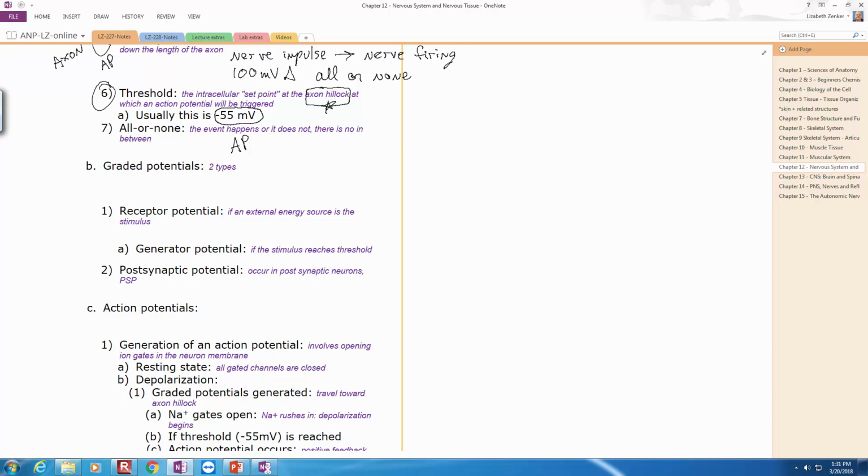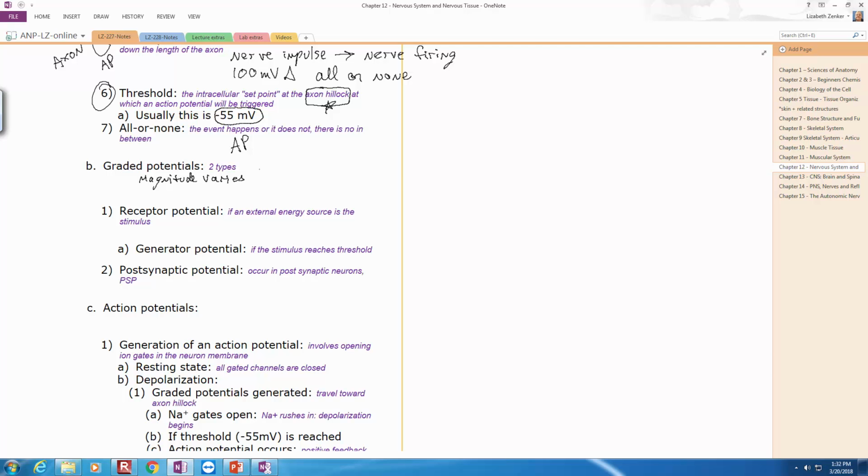So it also means that these are small, because we talked about on the dendritic side, they're graded potentials, so they're small. The magnitude varies, which we already said before, and it varies with the intensity of the stimulus. They're short-lived. It doesn't travel far down. The two types we're going to talk about are the receptor potential and the postsynaptic potential.